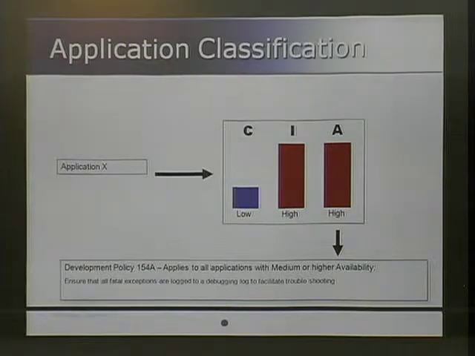You can say, if app X has really high integrity and availability, well, we've got to make sure that there's a certain level of logging that's happening. And you can go into a very thorough assessment of that application, right? And this application will get priority over ones that are all low. So this is your standard app classification. It's very, very useful if you're doing a number of 5 to 10 applications maybe, right, and you need to prioritize that.